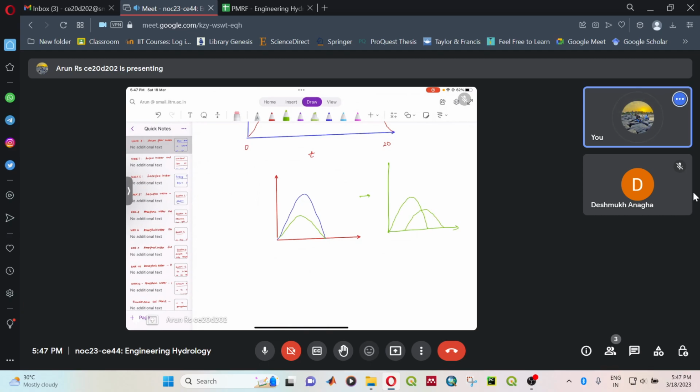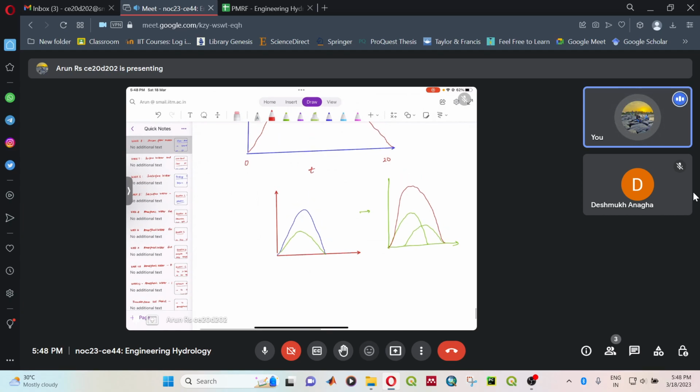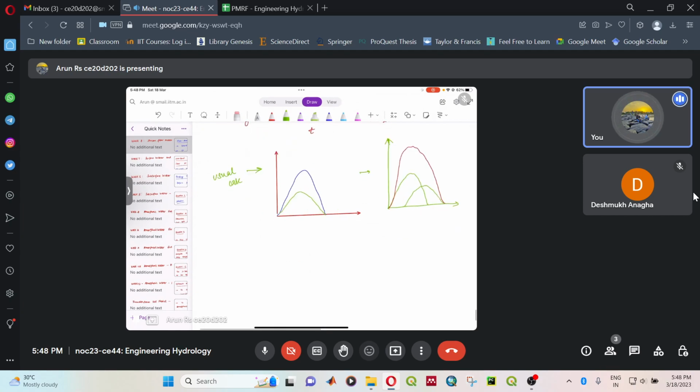And then when you add it up, your DRH will look something like this. But here it is not the case, because we have been provided with a direct runoff hydrograph, not a unit hydrograph. So this is in the usual case. But in this case it is quite different.